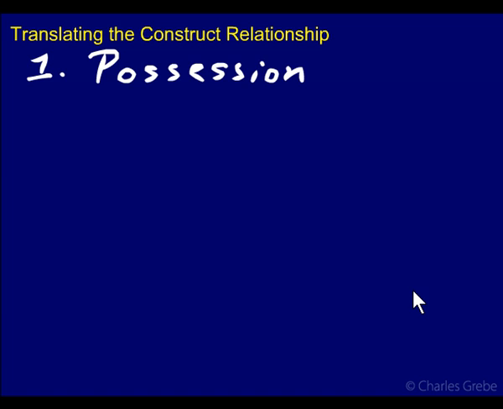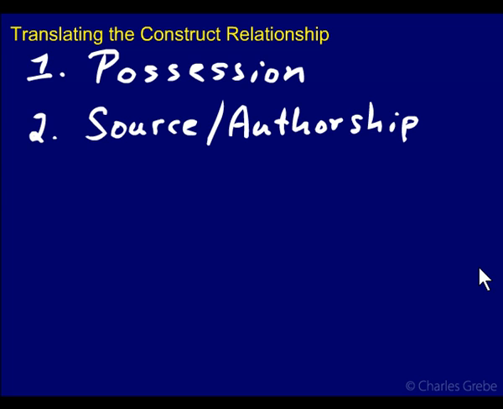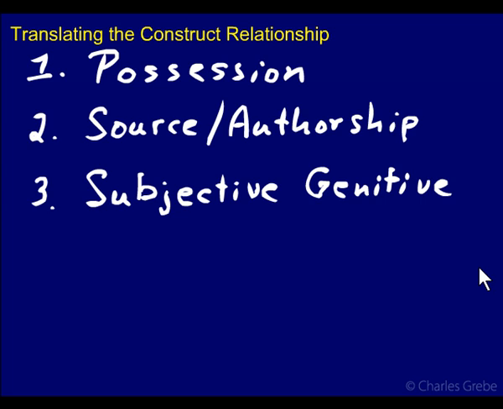So let's just review them again briefly, what the labels are. Possession, that's where the genitive, or the absolute, possesses or owns the construct. Source or authorship, where the genitive or the absolute is the source or the author, like the word of the Lord, where the Lord is speaking the word.